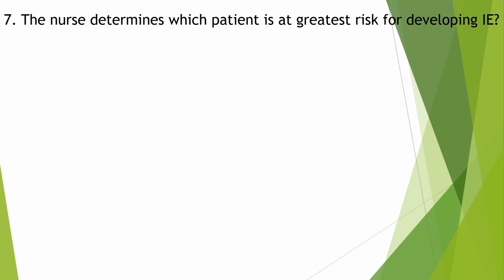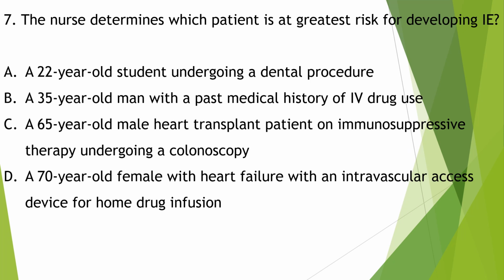The nurse determines which patient is at greatest risk for developing IE. A 22-year-old student undergoing a dental procedure, a 35-year-old man with a past medical history of IV drug use, a 65-year-old male heart transplant patient on immunosuppressive therapy undergoing a colonoscopy, a 70-year-old female with heart failure with an intravascular access device from home drug infusion.